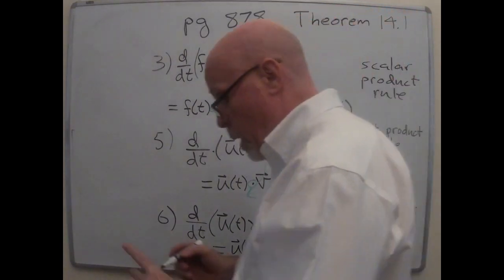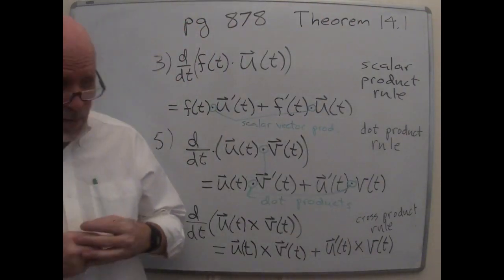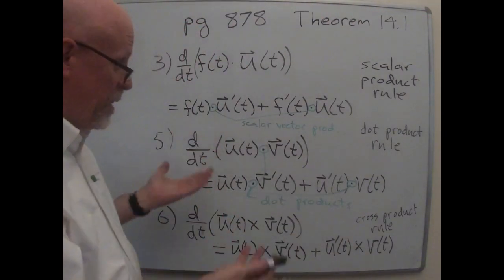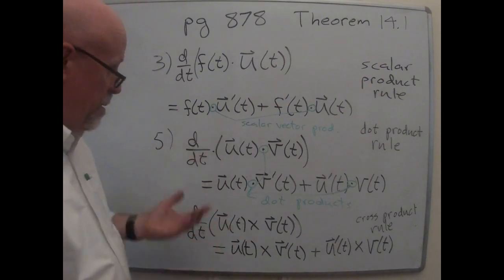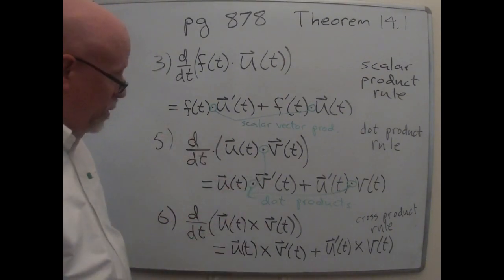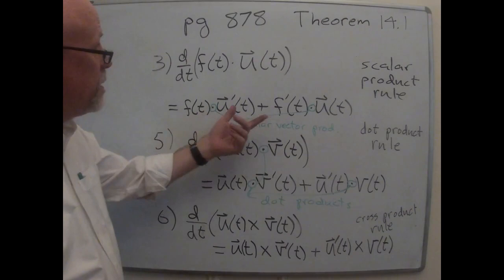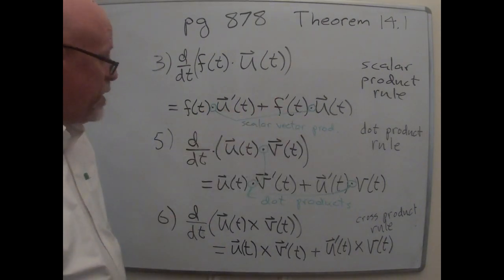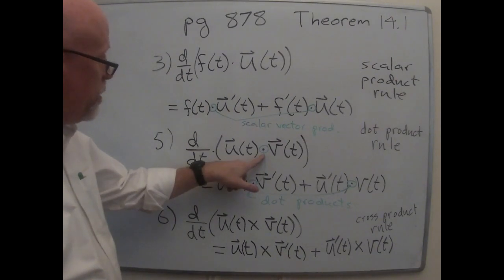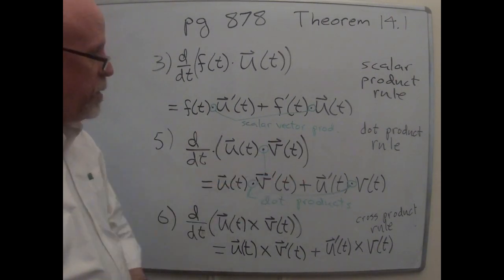Yeah. Well, if you look at it in the right light, we got nothing new to learn here. It's just do the regular old product rule like we had before, and keep the multiplication things with whatever you were doing. If you were taking the derivative of a dot product, then you're going to have dot products in the product rule.